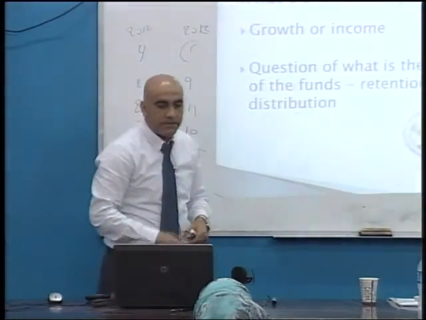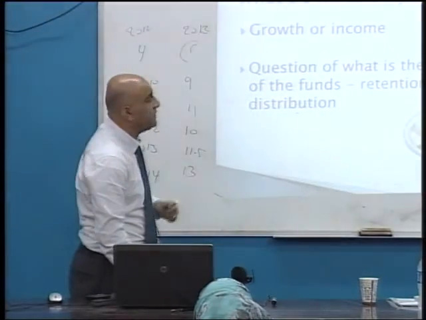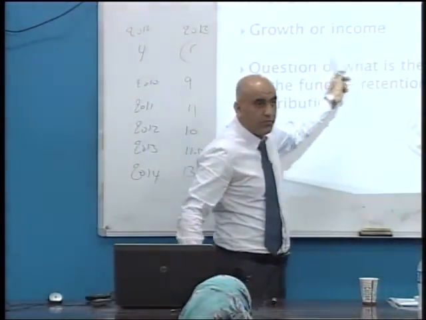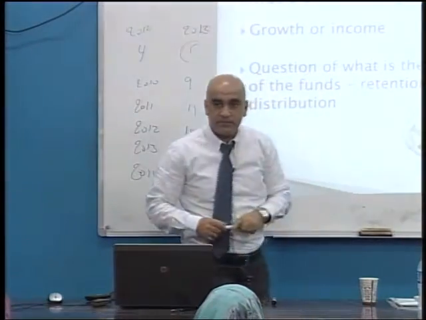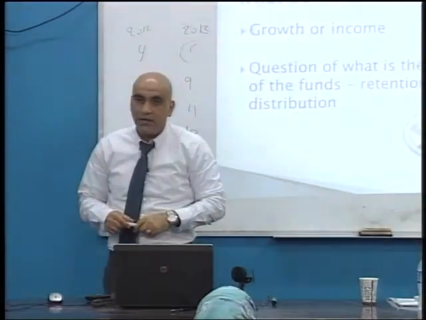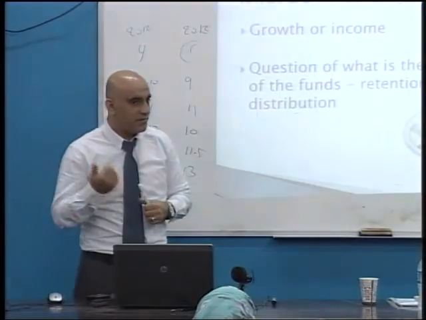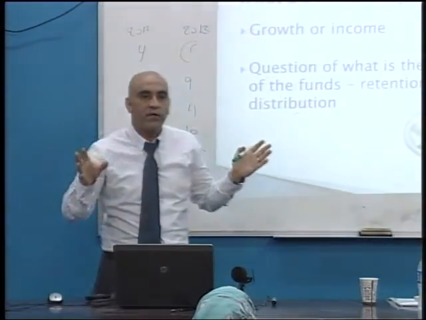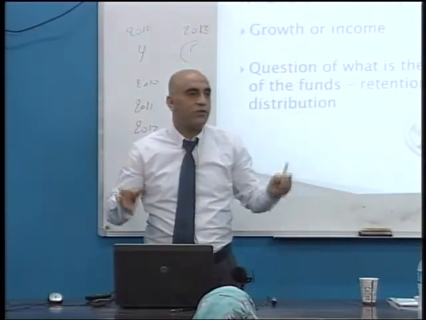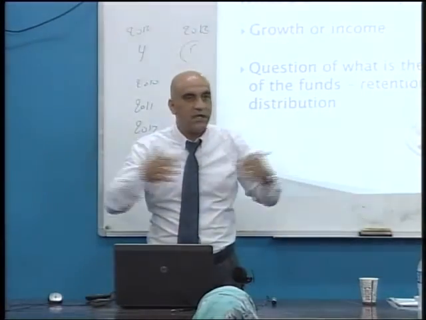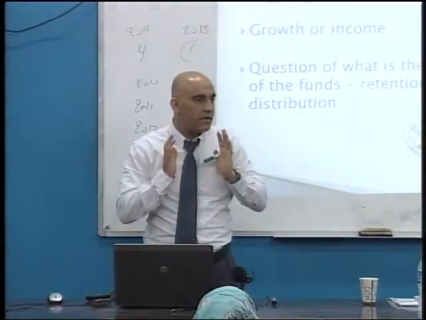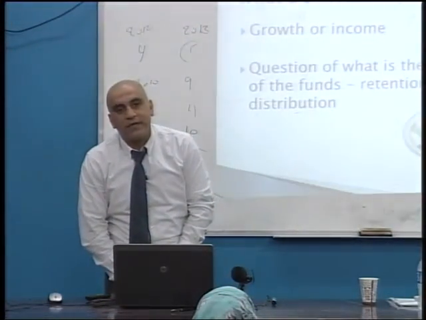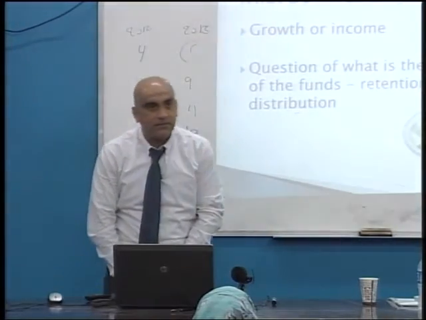So, what do investors want? They want growth or income or a mix of them. We handled this question in the previous chapter as well. We have different stocks: growth stocks, income stocks, defensive stocks and others, and investors face the challenge of selecting which stock to invest in.